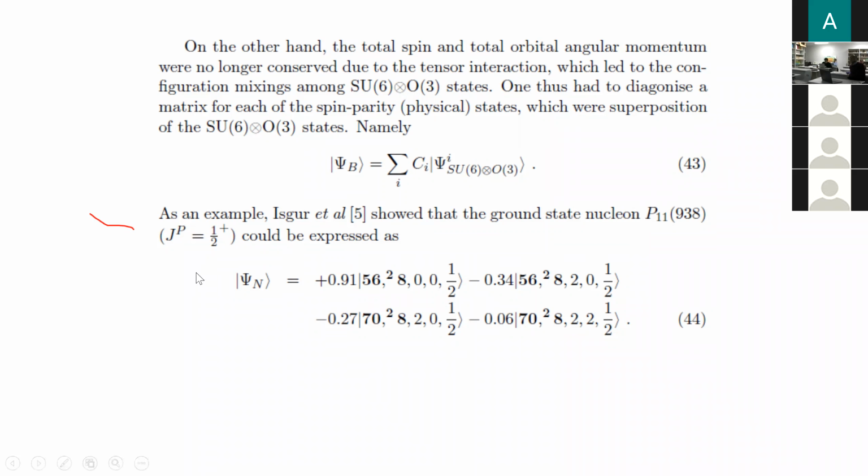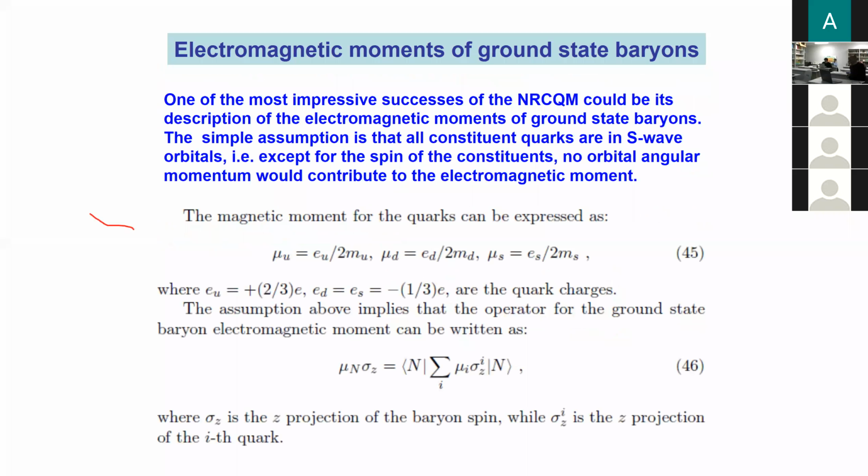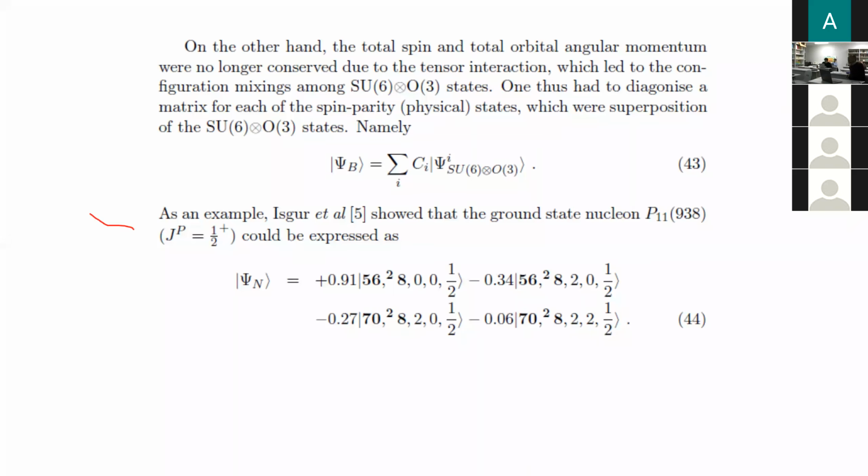For example, even for the nucleon, apart from the ground state 56 representation, you can have the radially excited states or the second orbital excitation states can mix with the nucleon. So the nucleon itself becomes much more complicated than the simple harmonic oscillator strings, and this can be fitted by data as long as the Hamiltonian includes the spin-dependent part. Yes. And that's equation 44.